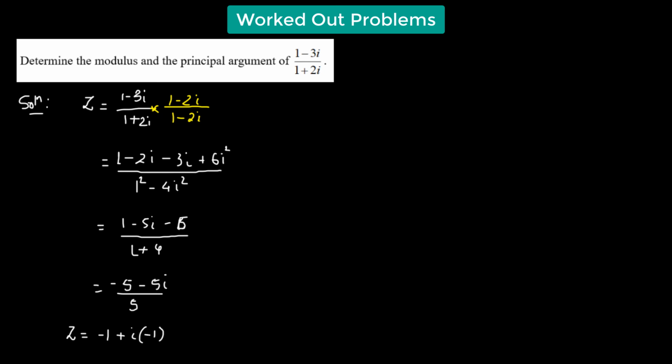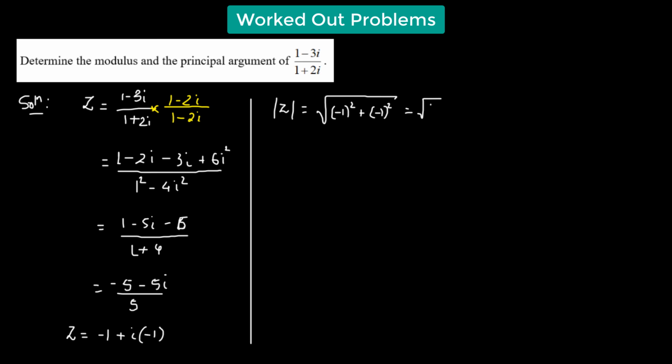Now let us find out the modulus, because we have the given complex number in the standard form. So the absolute value of z is equal to the square root of (-1) squared plus (-1) squared, which is simply the square root of 2.